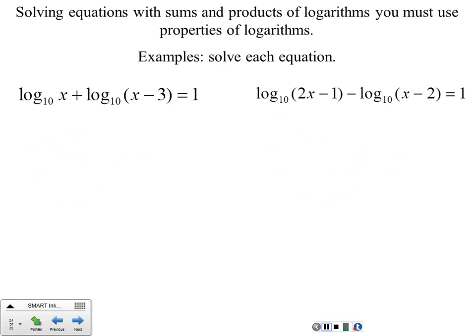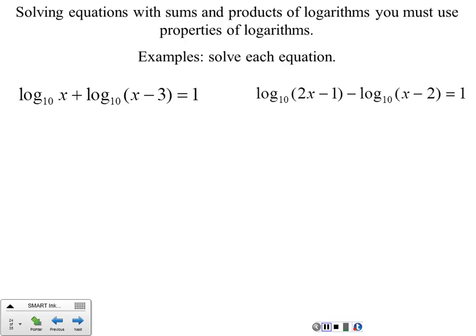Okay, so solving equations. This is where rubber meets the road. Solve equations with sums and products of logarithms. You must use the properties that we just talked about. Okay, so here are 2 examples. If I have log base 10 of x plus log base 10 of x minus 3 is equal to 1.